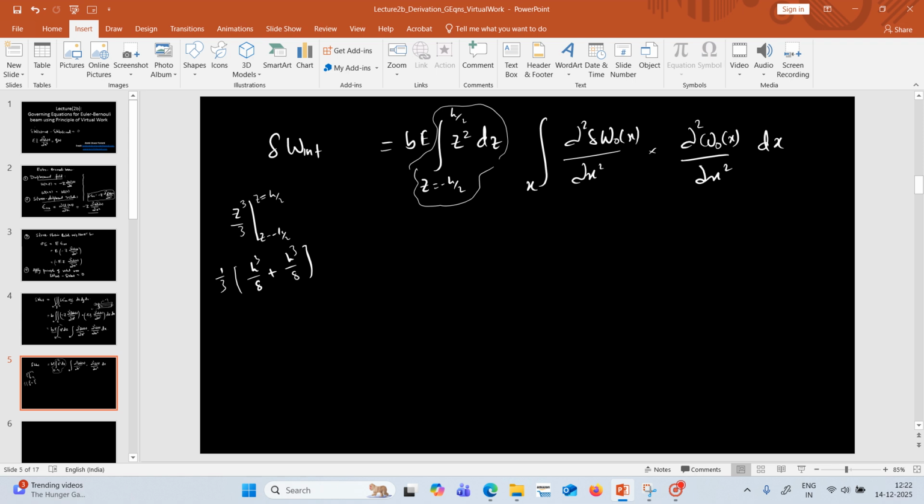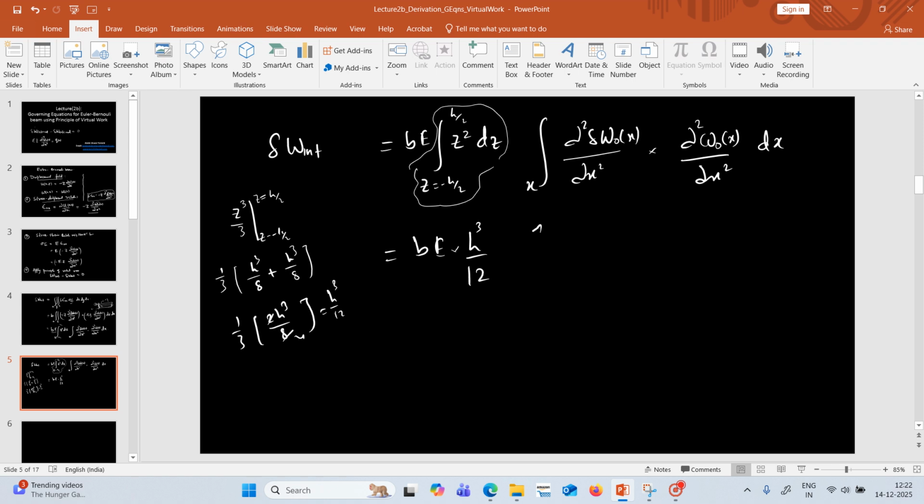So 1 by 3 outside, 2 h cube by 8, and 2 fours are 8, so we get h cube by 12. So this complete integration would be b into h cube by 12.